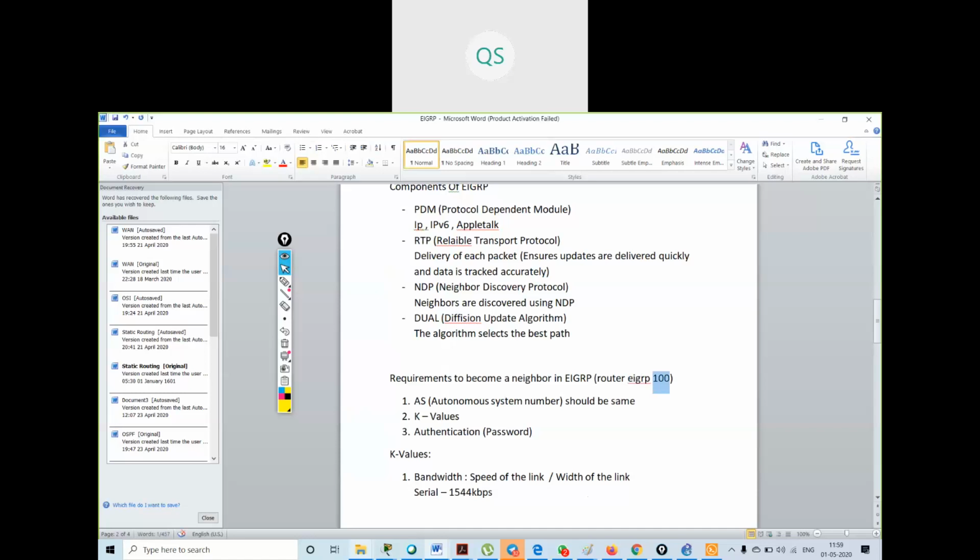If any router wants to be a neighbor of another router, they should be in the same AS number, autonomous system number. I will write this over here.